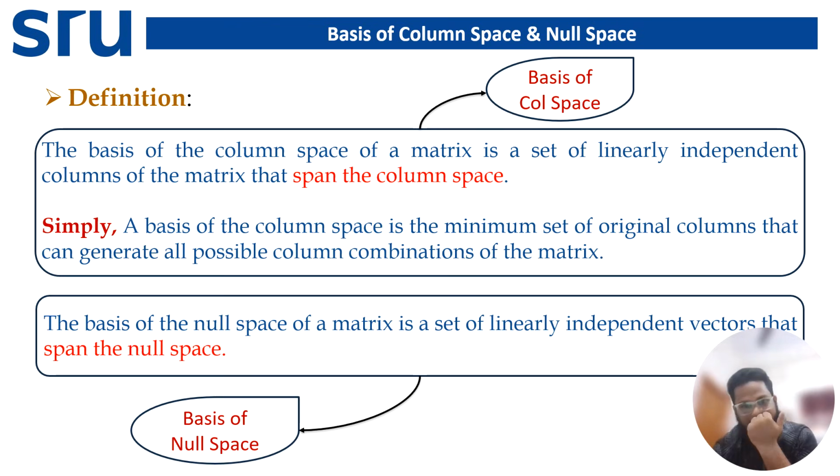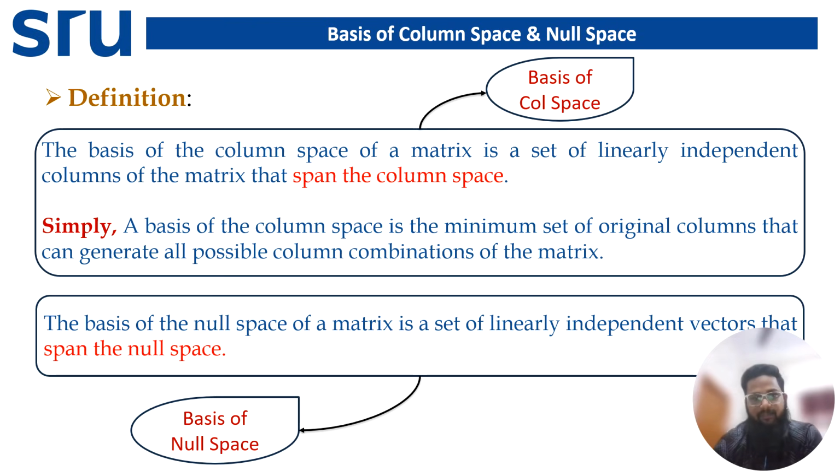Now coming to one important concept, which is called basis of column space and basis of null space. As I already discussed, the column space is the combination of the column vectors, and the null space is the solution of the homogeneous system.